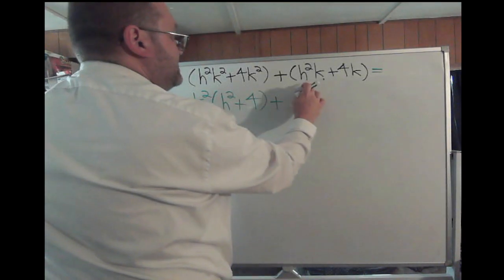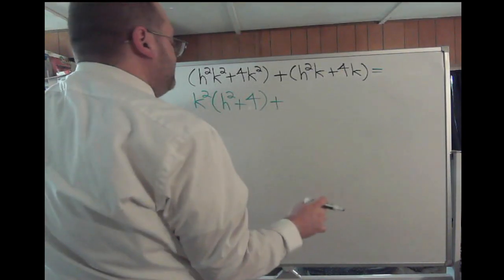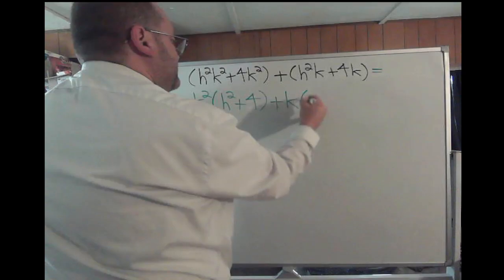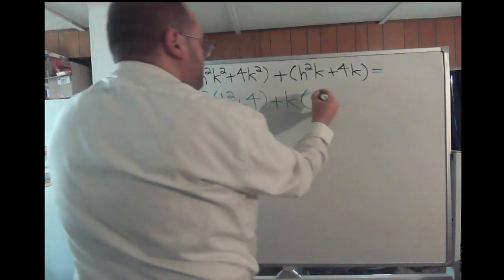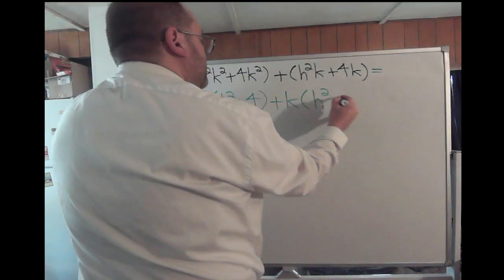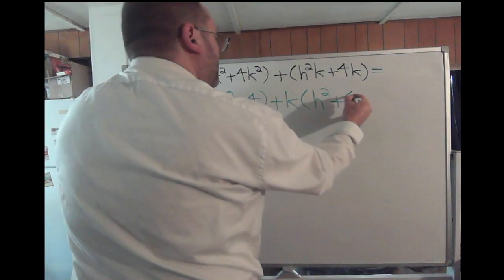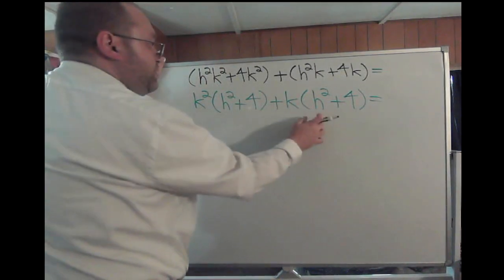Plus, let's look at the second two terms. Between h squared k and 4k, what's a common factor? Just simply k. Factor out your k times what equals h squared k? Well, that'd just be h squared, plus k times what equals 4k? Well, that'd just be 4. So now you have two terms with a common h squared plus 4.